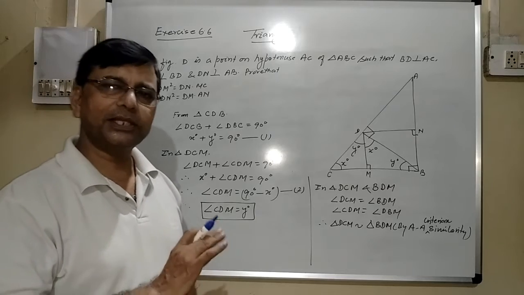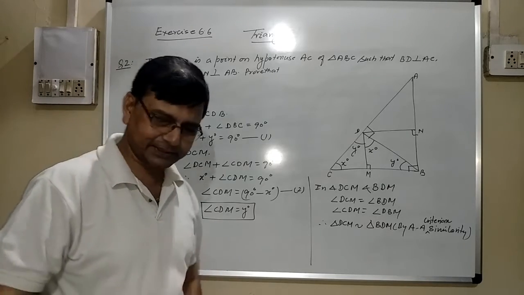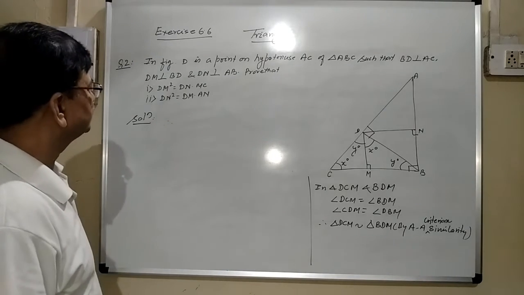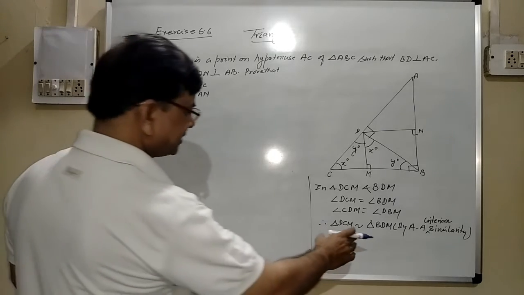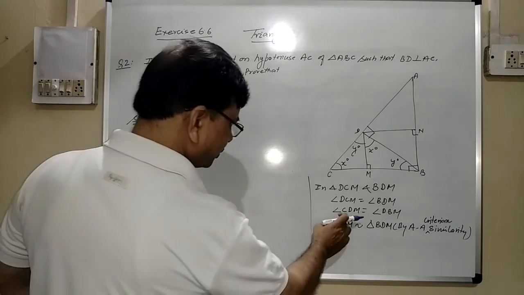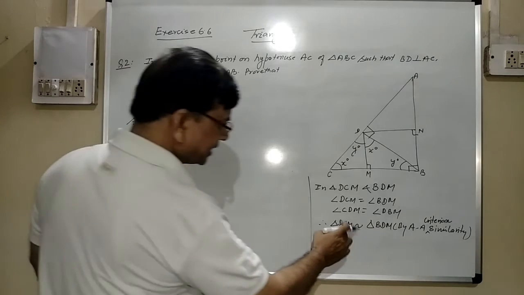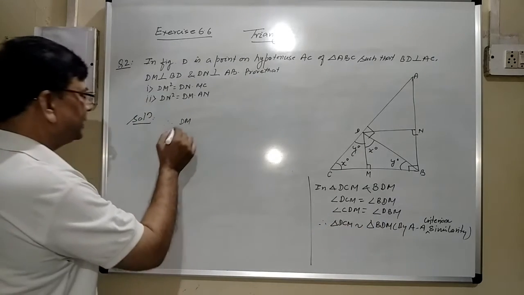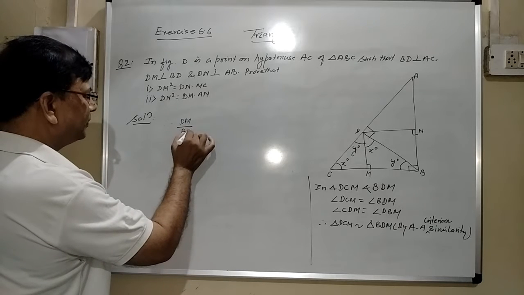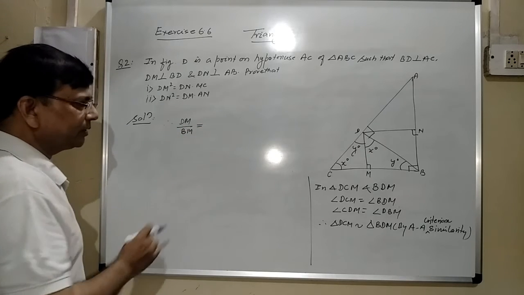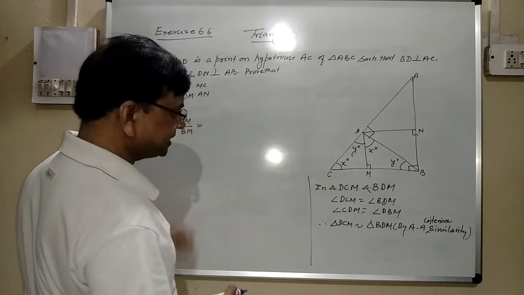Then we will go for the ratio of the corresponding sides. Therefore, corresponding, because we want DM square. So DM corresponds to BM over here. DM upon BM is equal to, we want MC.